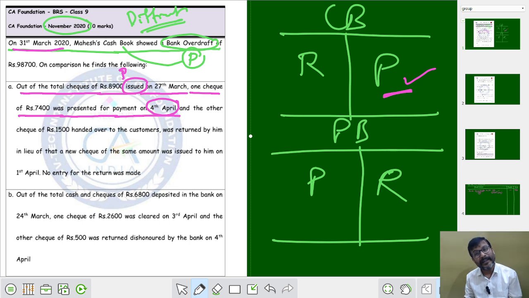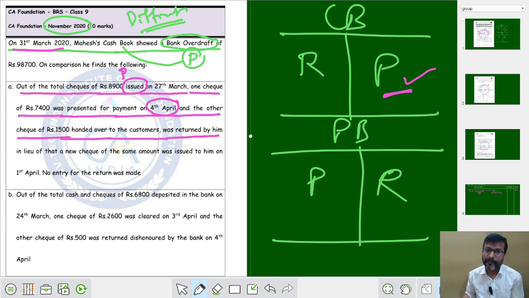When is it presented? 4th April. Means not presented by 31st March. Means no payment in passbook in 31st March. And the other check, 1,500, handed over to a customer, was returned by him. In lieu of that, a new check on the same amount was issued to him on 1st April.